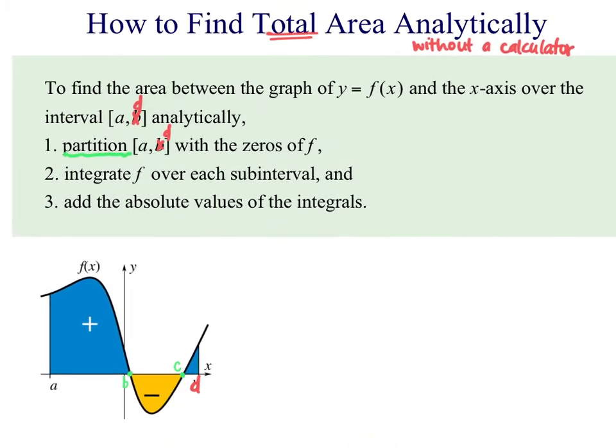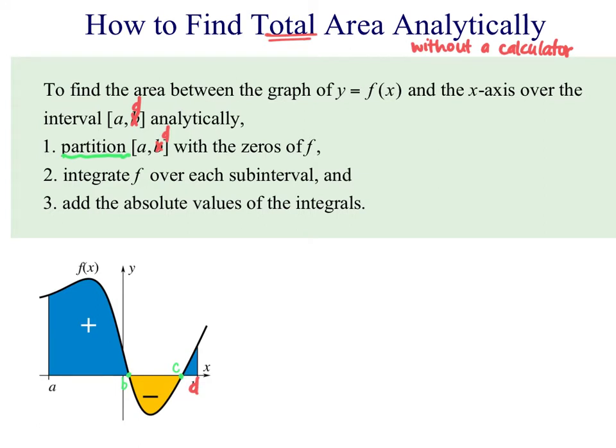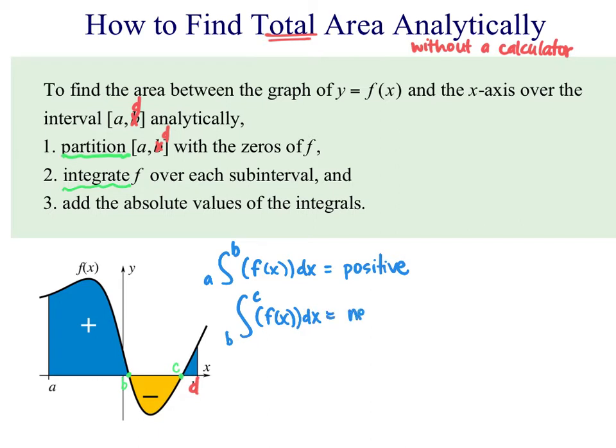So you want to partition your areas by their integral. Then you're going to integrate over each of those integrals. So we're going to set up an integral that would go from a to b of f of x dx, and it will be positive because it's above the x-axis. And then we will do the integral from b to c of f of x dx, and that will be negative.